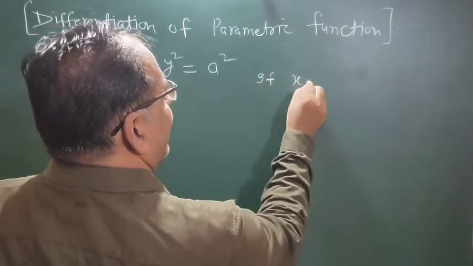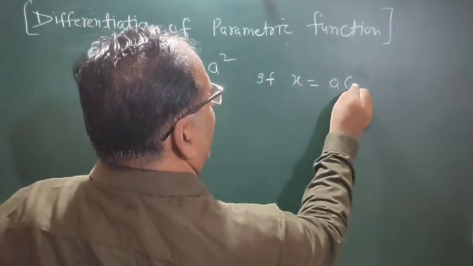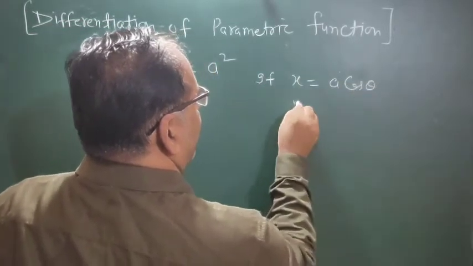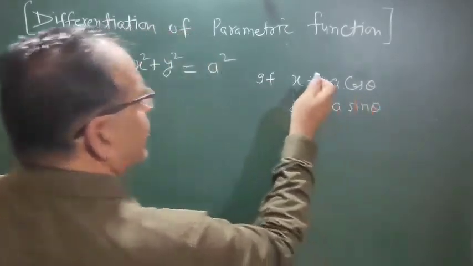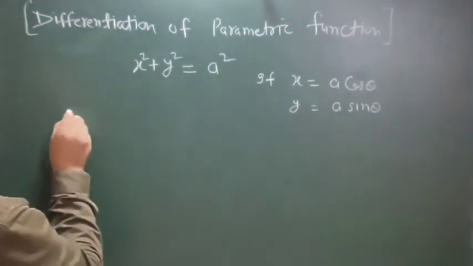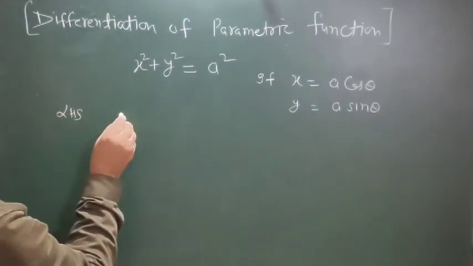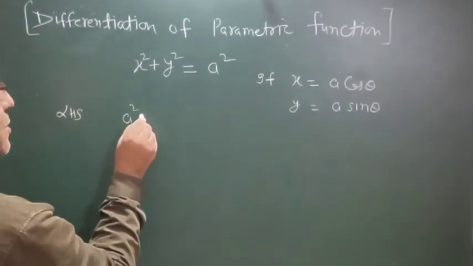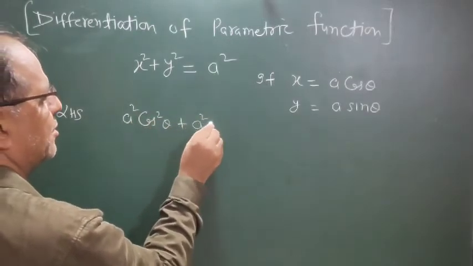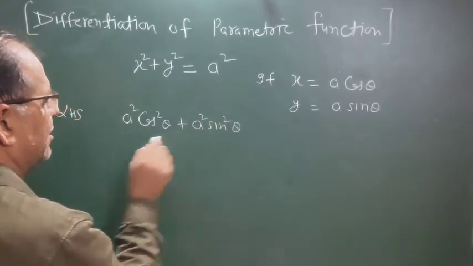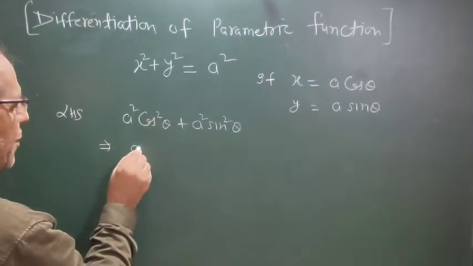If we take x equal to a cos theta and y equal to a sin theta, and put these values in the left hand side of this equation, we have a square cos square theta plus a square sin square theta. That means a square is taken common.